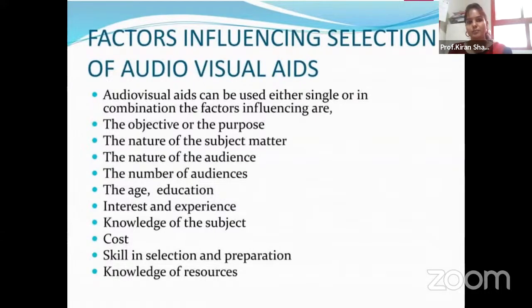Suppose you are going to give health education to village people, and you are making AVAs in English language, which they are not familiar with. You have to select AVAs for them in such a way that they can be easily understood by them. Then number of audience, age, education, interest, experience, knowledge of the subject, cost, skill in selection and preparation, and knowledge of resources. All these factors influence the selection of AVAs.